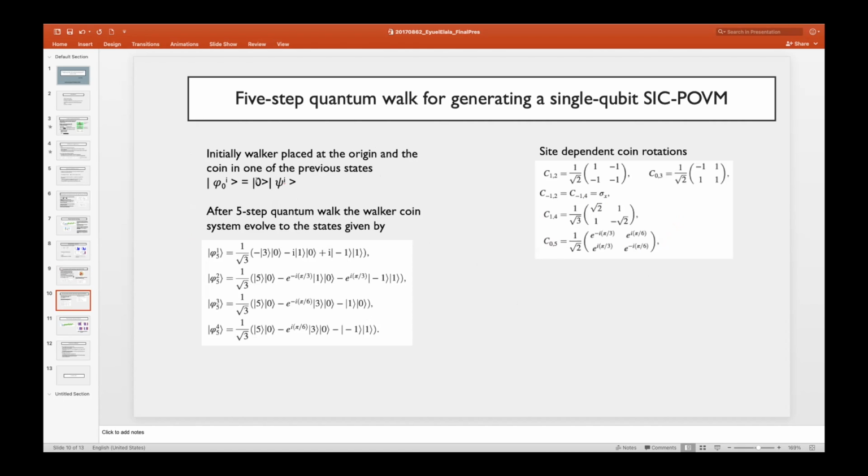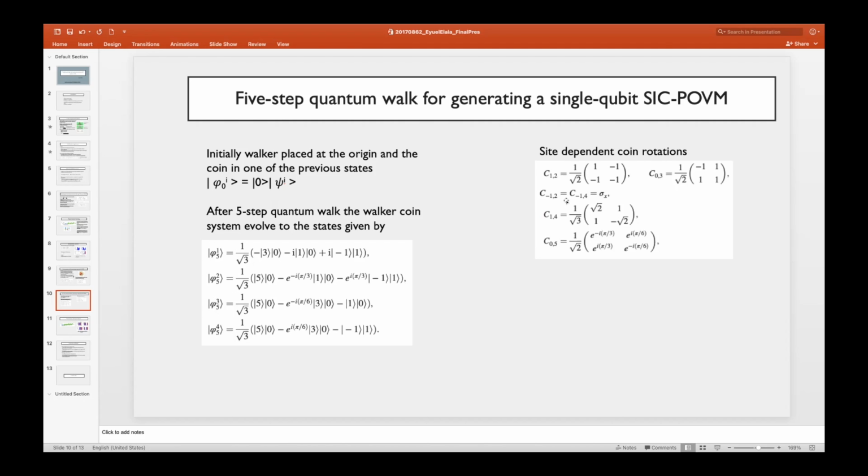we can represent the coin Walker system like this at the origin, as the initial state. Then, the same way as in the previous case, we apply the site-dependent coin rotation, and after 5 steps you get this state.